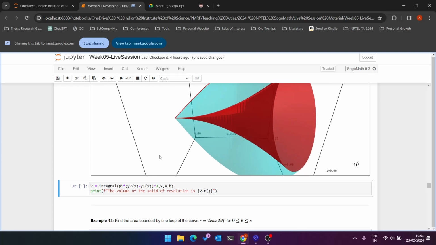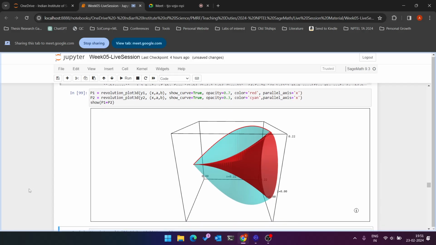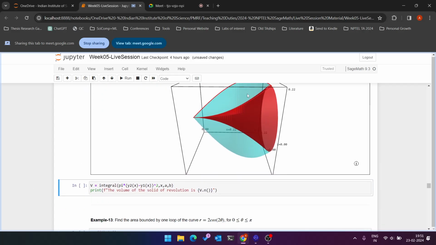If I have to calculate the volume of this cyan portion in between, it's basically pi times y2 minus y1 whole square. The radius at any point is nothing but y2 minus y1, and the integral of pi r square over our range of x, which is a and b.